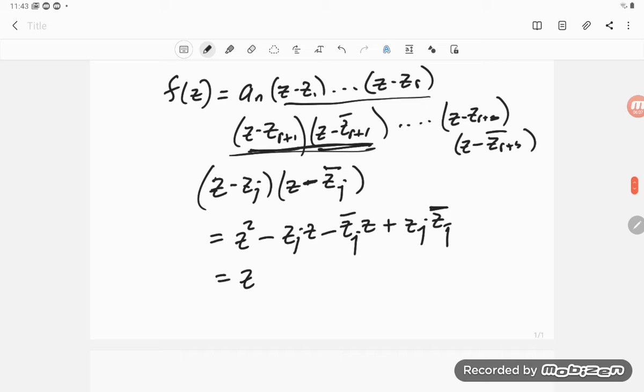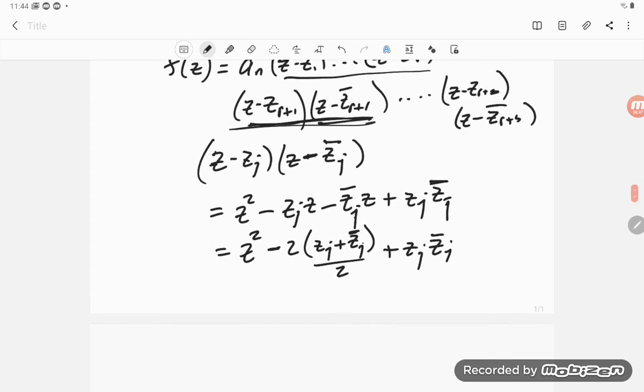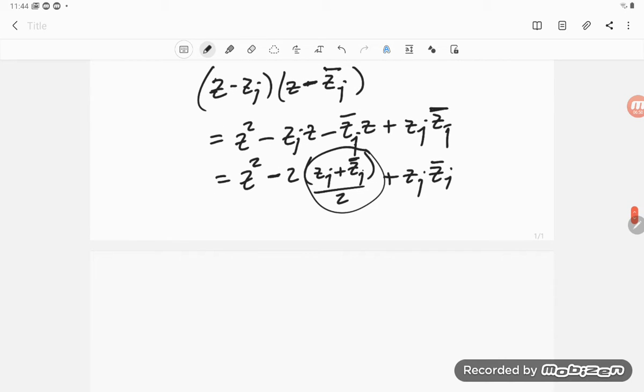Well, so there's z squared that has a real coefficient of 1, then minus zj plus zj conjugate, and so let me write that as 2 times zj plus zj conjugate over 2, and then plus our zj times zj conjugate. Now, this is just the real part of zj.